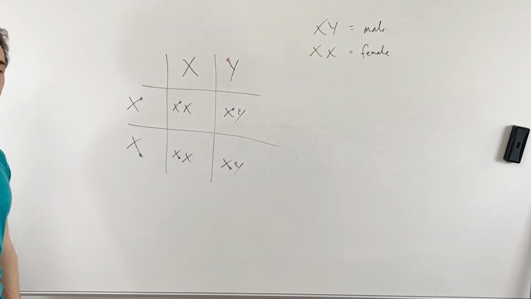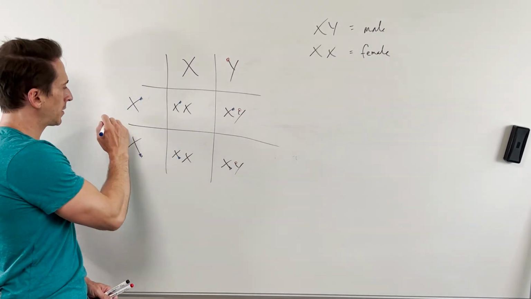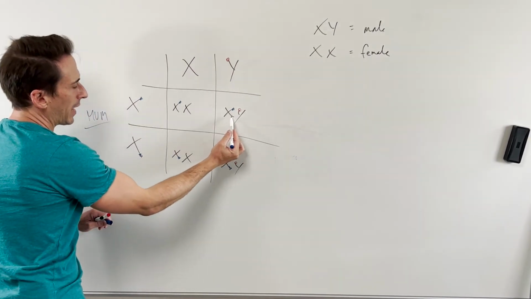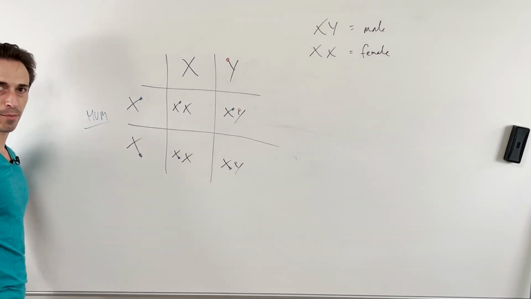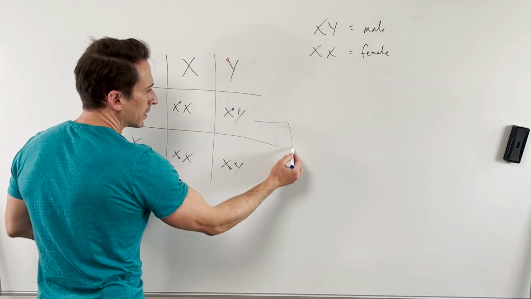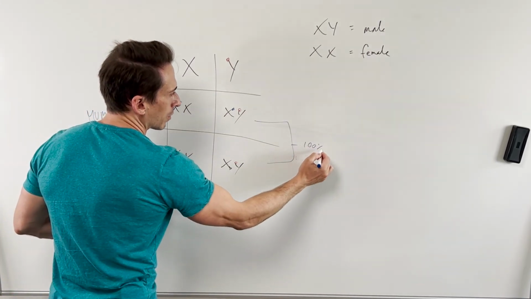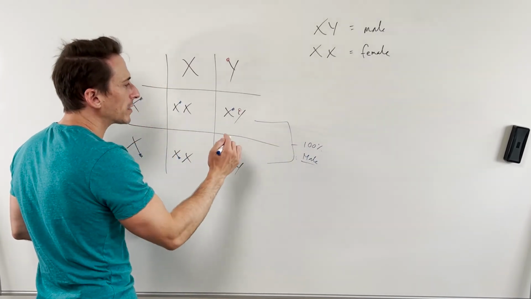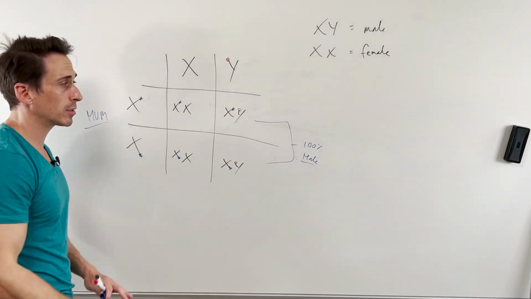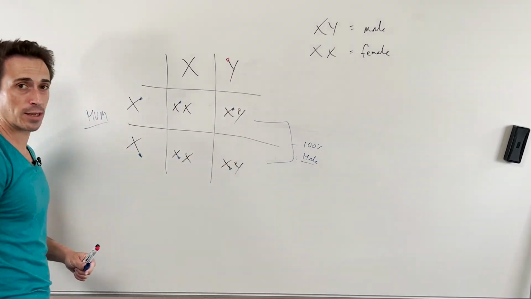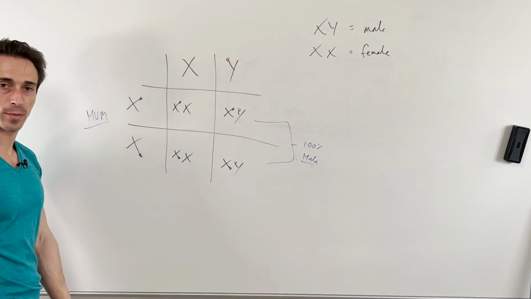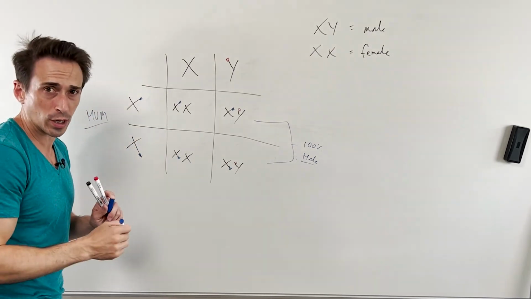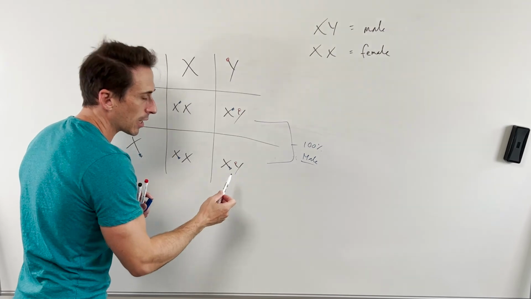What do we see? We see that because this is mum, that X came from mum, that X came from mum. 100% of male offspring will always get their X chromosome from their mum because they always get their Y chromosome from their dad. So they're left with getting the X chromosome from their mum, which means if mum has an X chromosome linked disorder, it's likely the son is also going to have it.